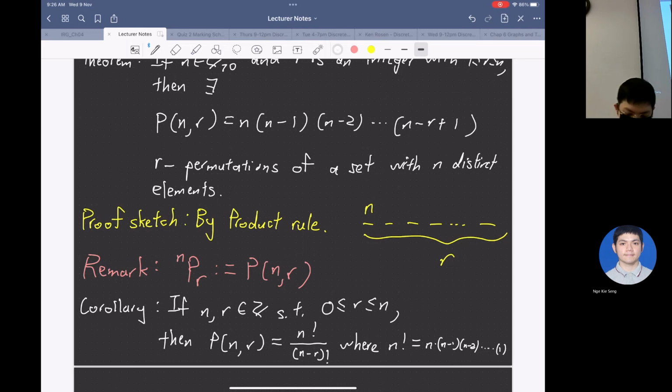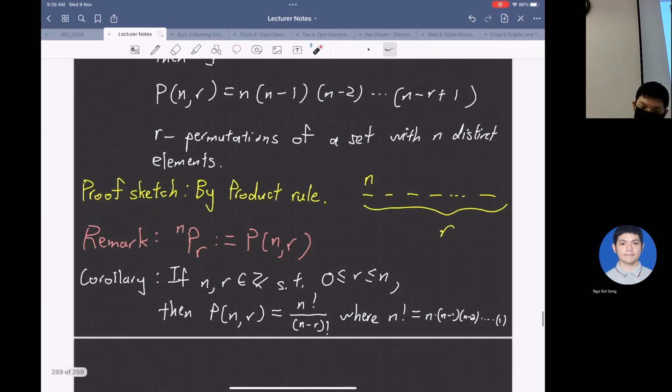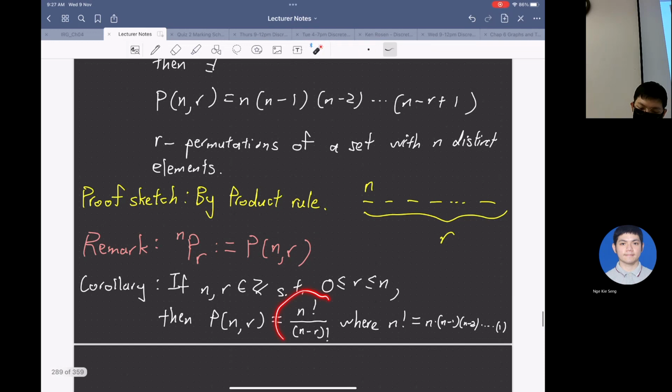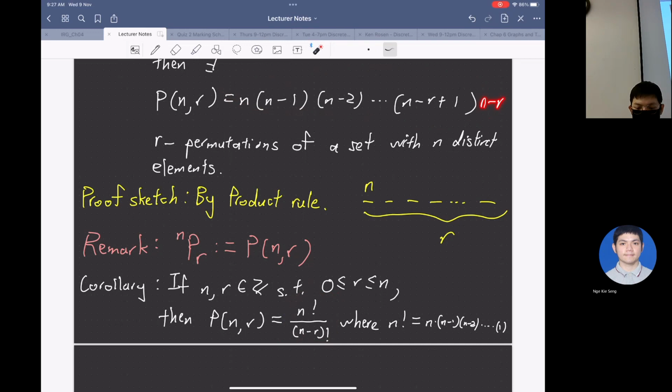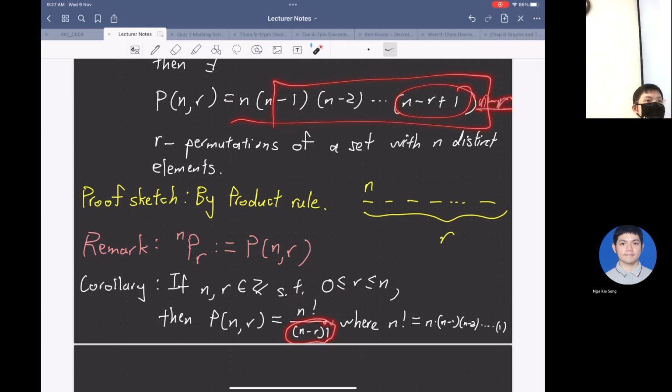Is this formula obvious or not? After n minus r, the next term is n minus r, right? So all the terms behind get cancelled by the (n minus r) factorial. So you are left with the product. It's obvious.